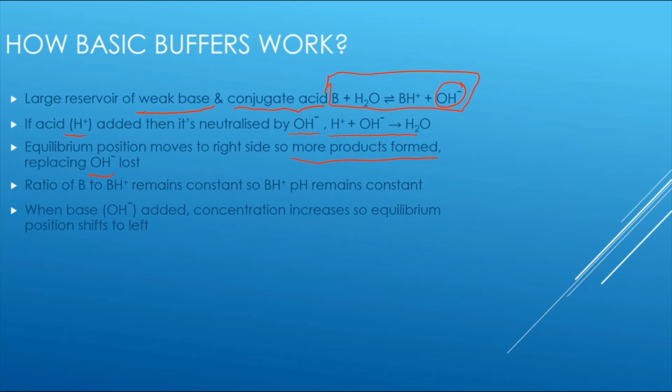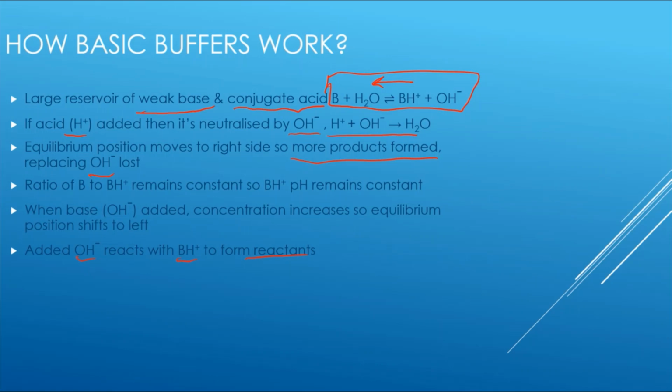Because equilibrium always opposes a change, this would try and decrease the OH minus concentration by shifting the equilibrium over to the left, so towards the reactant side. So the added OH minus would react with BH plus to form reactants.